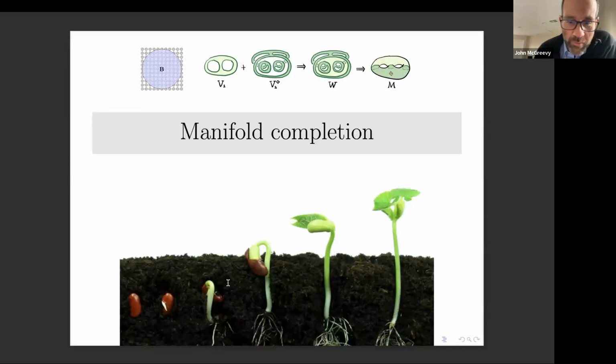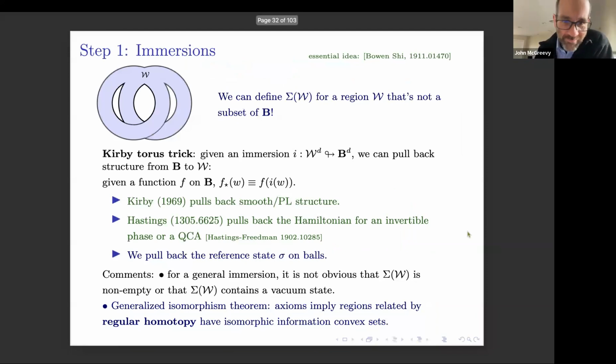Maybe I won't go into so much detail, but the idea is, starting from the state on the ball, to make a state on a closed manifold. Bowen likes to compare the state on the ball to a seed, and this process of building the state on the closed manifold is like growing the plant from the seed. The key idea is that we can define the information convex set not only for subregions of the ball, but for immersed regions.